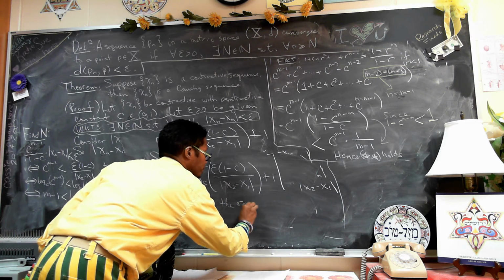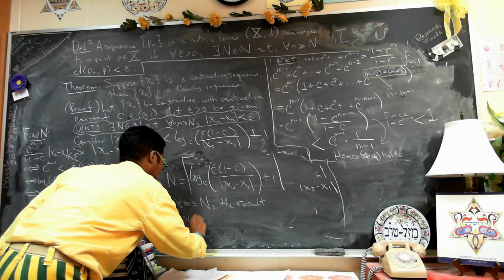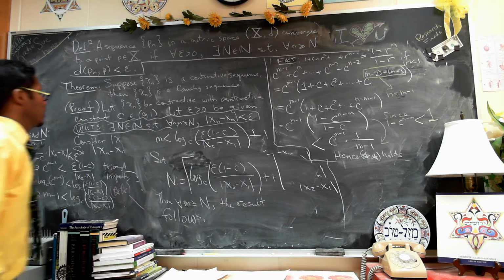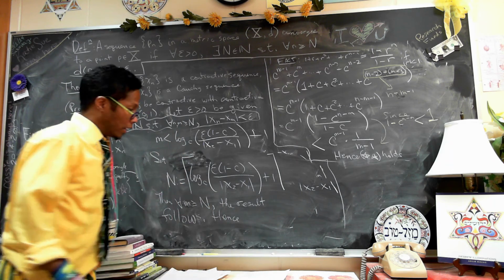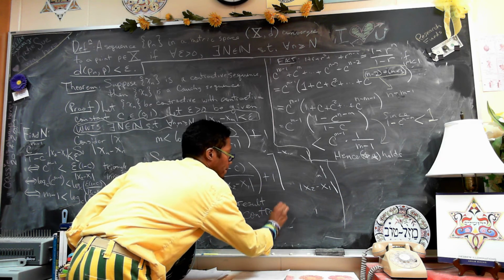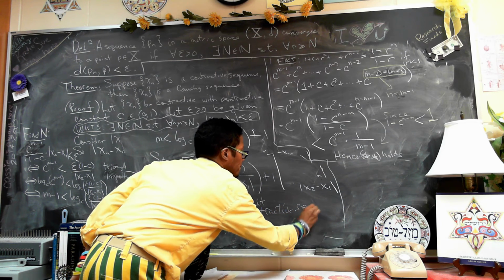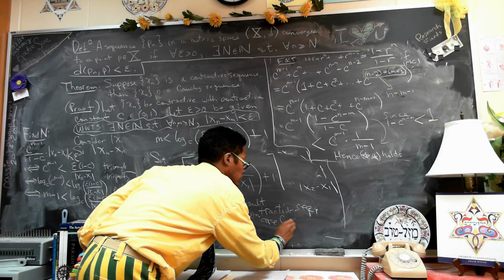The result follows. Hence, contractive sequences are Cauchy.